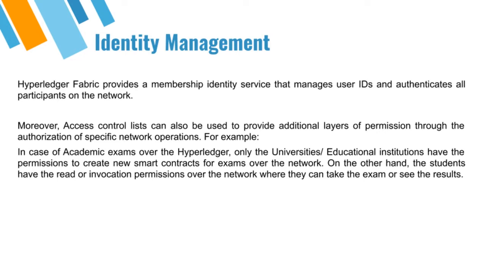They cannot actually create the exam itself. So now we have two sets of permissions: the universities who can create a smart contract, and the students who can only invoke or read the smart contracts. These kinds of permissions and roles will be managed by the membership service provider.